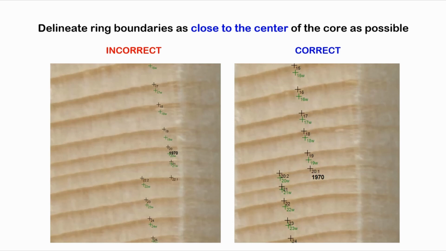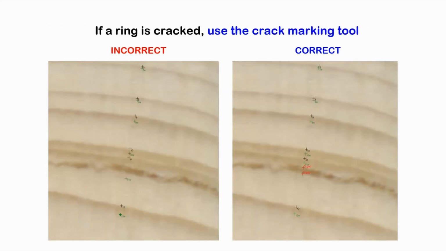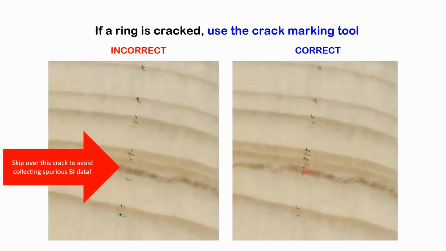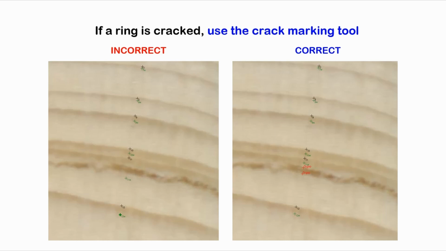As you can see with the image on the left, the delineation path veers off to the right along the edge of the core. And while this is not overly problematic per se for collecting ring width data, when you go and collect the BI data afterwards, you will likely end up collecting unwanted BI measurements from the core edge or the core mount itself.